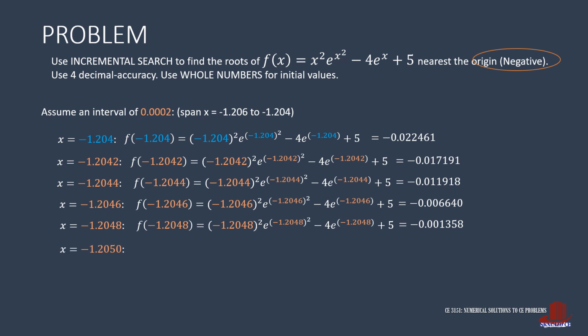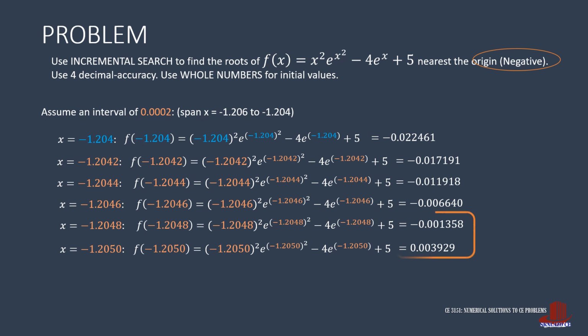Now we have negative 1.205, which makes the function negative 1.205 squared times e raised to negative 1.205 squared minus 4e raised to negative 1.205 plus 5, giving 0.003929.